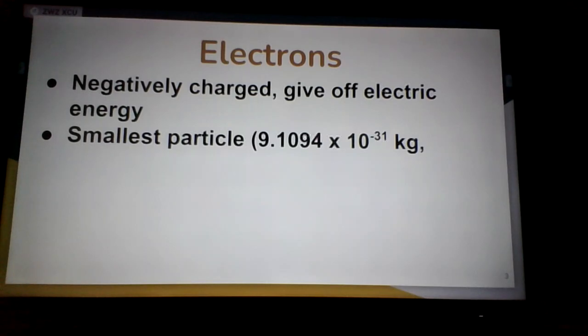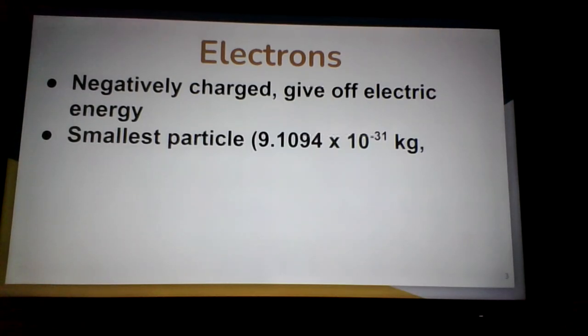Now, these are the smallest of the 3 particles. The protons and the neutrons are far larger than the electrons. Remember the size of a kilogram, which weighs about 2.2 pounds. Now look at an electron. You have 9.1094 times 10 to the negative 31 kilograms.